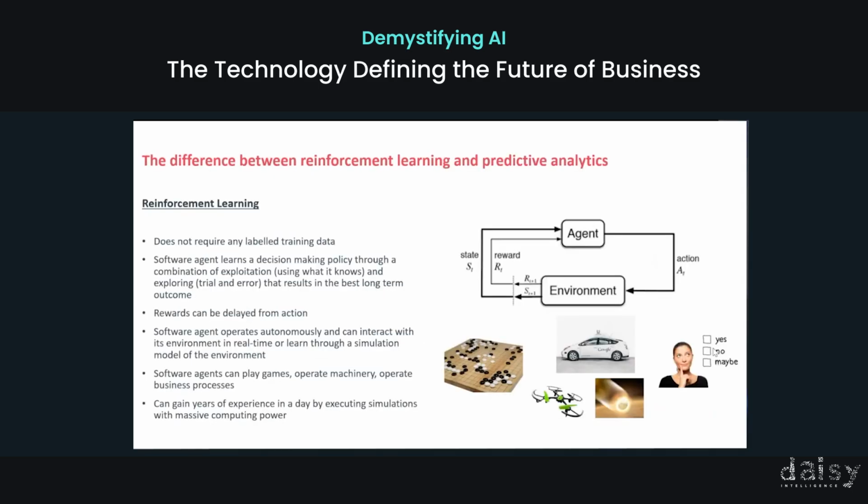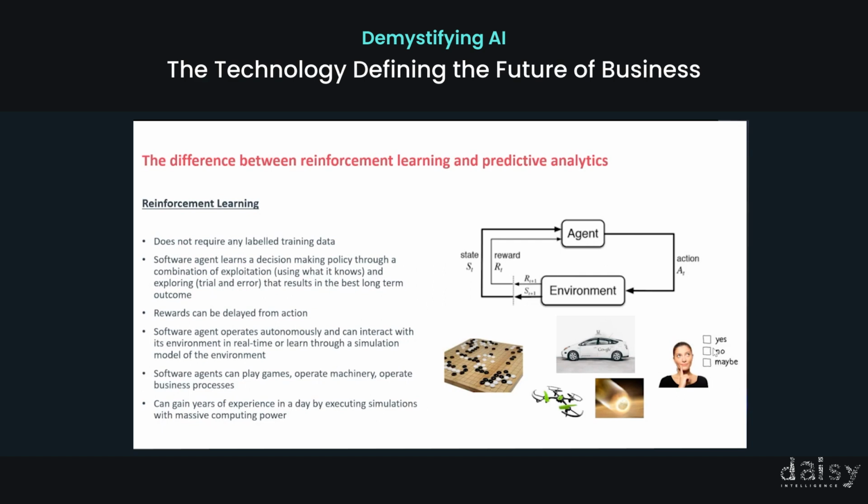Typically the setup for reinforcement learning is you have some agent, the learning agent that's trying to learn. You have an environment, and the agent takes an action, interacting with the environment, and then the environment has a response. There's a state: the action happens, and then the environment is in a state as a result of the action.